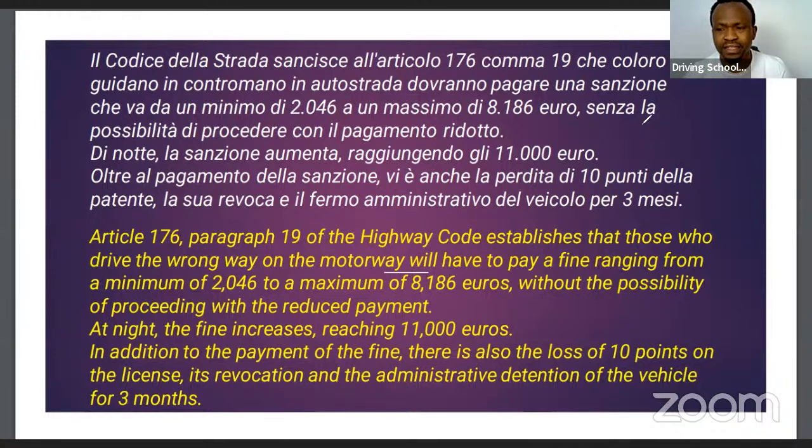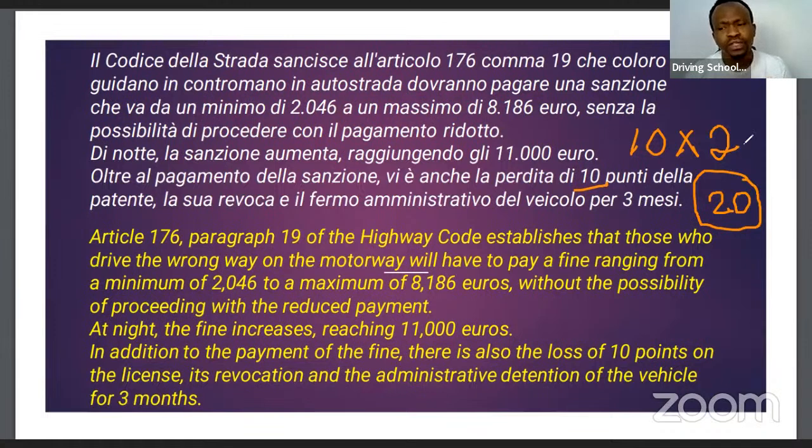So in this case, when they want to take the points, not the sanction, the points: if they said here it is 10 points, they are taking 10 points. Now if the person is a neo-patentato, it is going to be 10 times 2. And now, how many points do you have in your license? It is 20 points, you understand? For the first years, you understand?